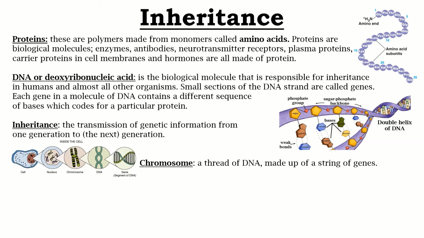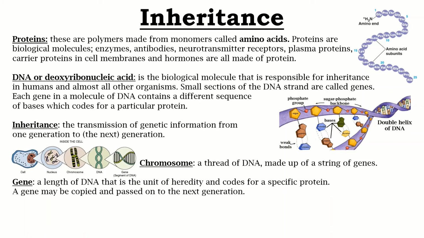When DNA is stretched out, the different sections of DNA are called genes, and one gene will code for or will make one protein. So a gene is a length of DNA that is the unit of heredity. It codes for a specific protein. And these genes may be passed on from one generation to the next.